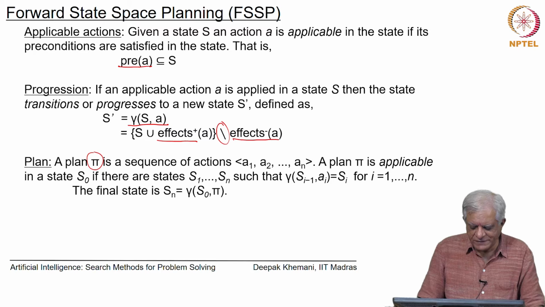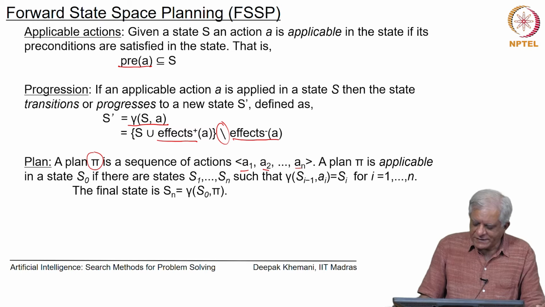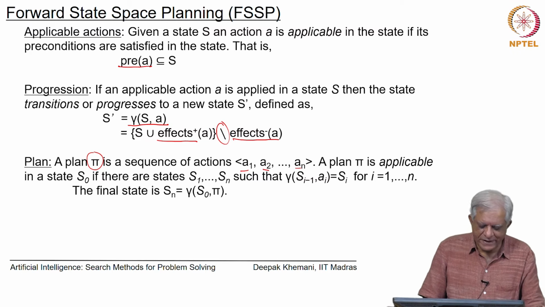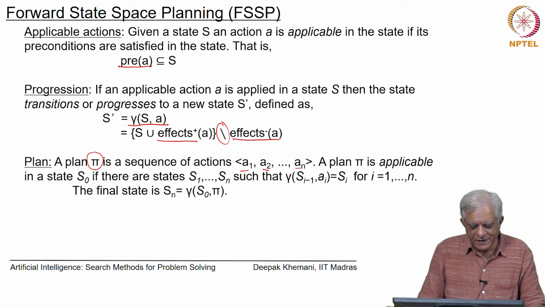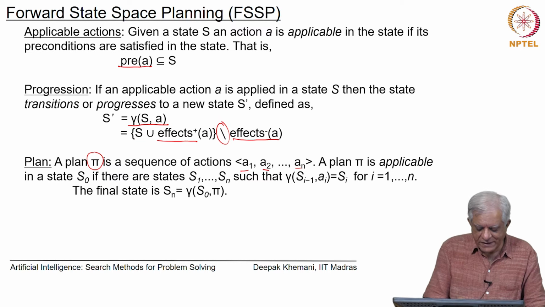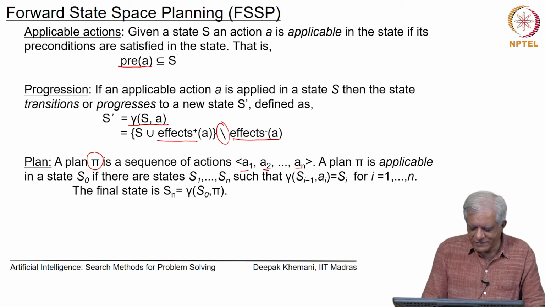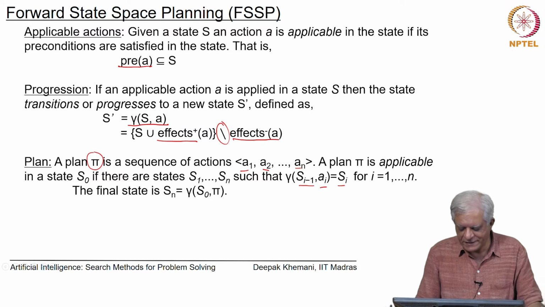So, you do action A1 first, and then you do action A2, and then A3, and so on up to action An. We say that the plan is applicable, just like an action is applicable, in a state S0, which is the start state, if there is a sequence of states S1, S2, S3 up to Sn such that each action Ai takes you from the state i minus 1 to the state i.